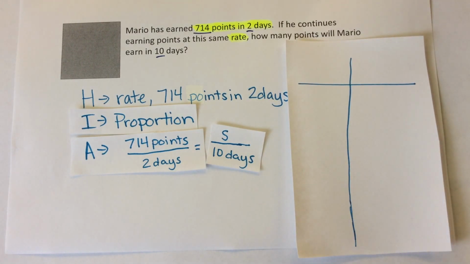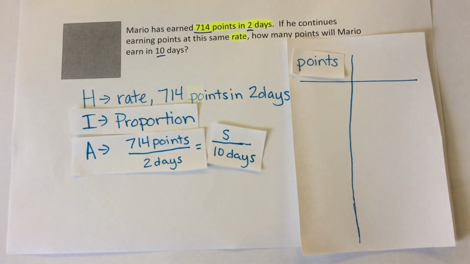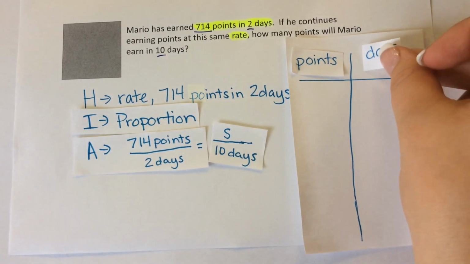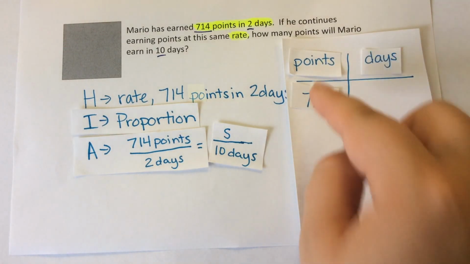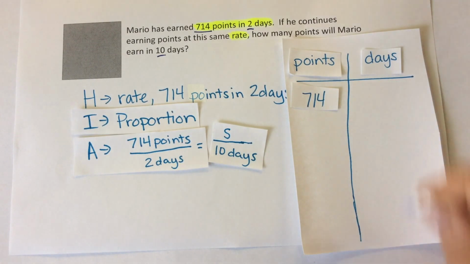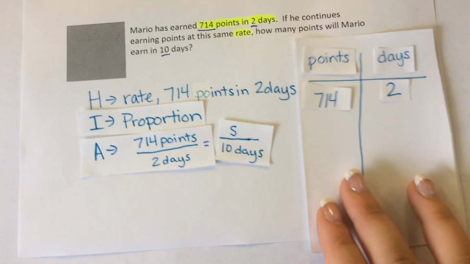But I'm going to start out with the table. We need to have our points as a label in one of our parts of the table and our days as a label in another section of our table. And we know that we had 714 points, goes under points, and 2 days goes under days.